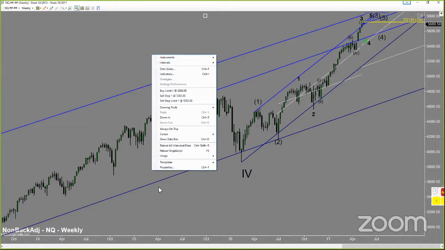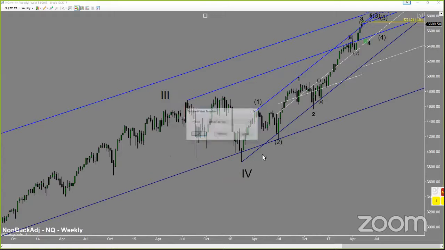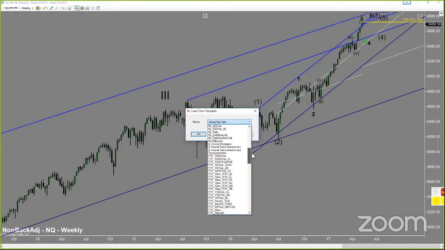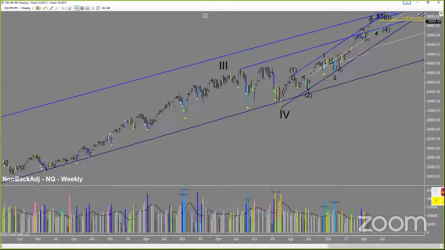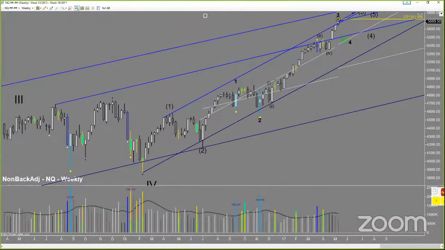Let me put the volume on this just to show you what it's doing. The volume is actually decreasing into this high. I mean, obviously, you wouldn't want to be buying the market here, right?